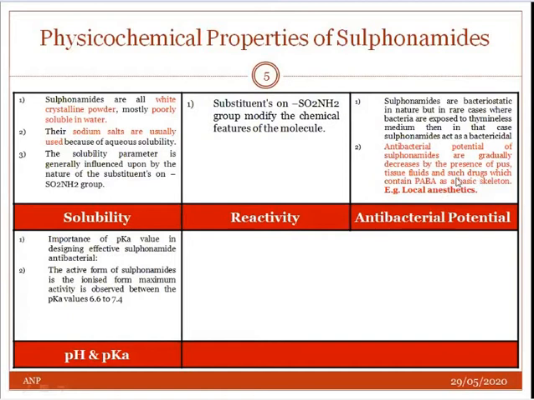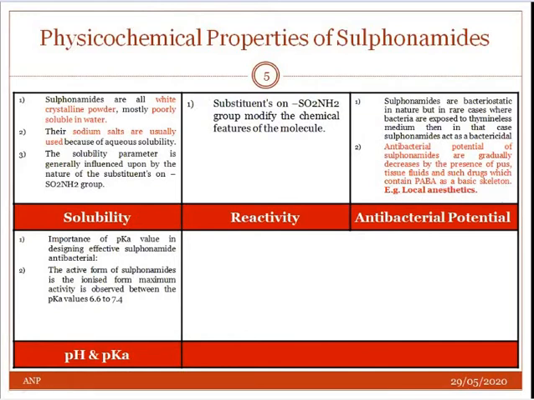And what is the example of the drug which contains PABA as the basic skeleton? For example, local anesthetic. The antibacterial potential of sulfonamides gradually decreases in the presence of pus and tissue fluids, and of such drugs which contain PABA as a basic skeleton, for example, local anesthetic.